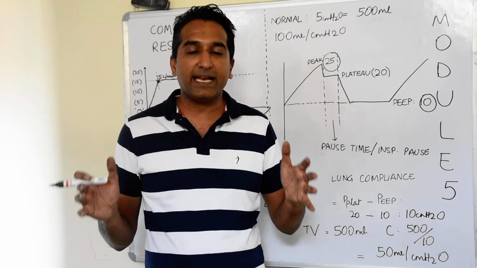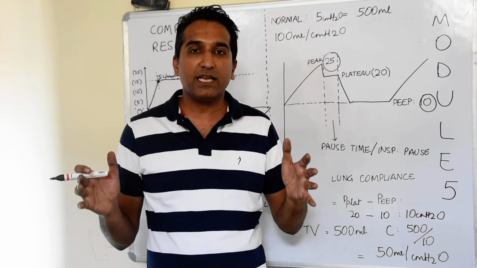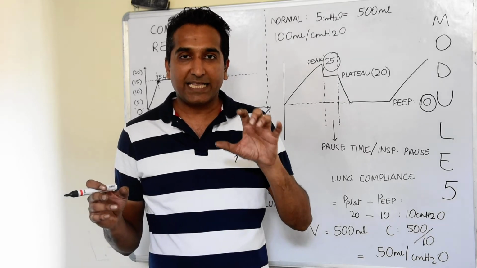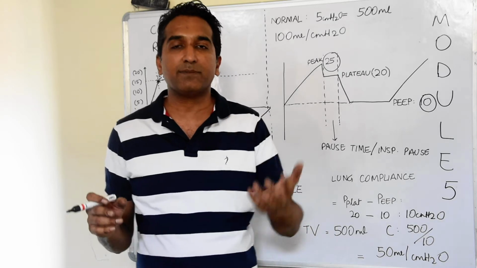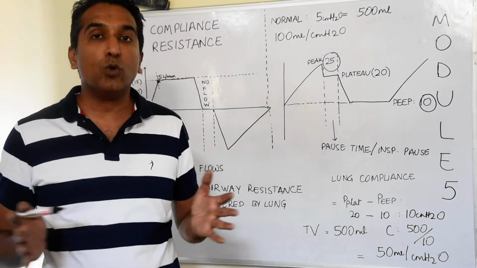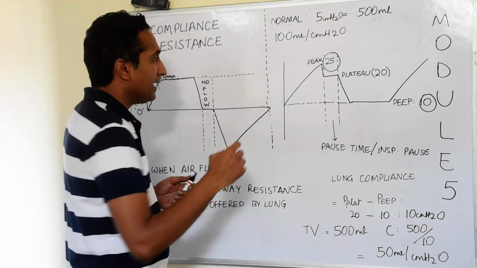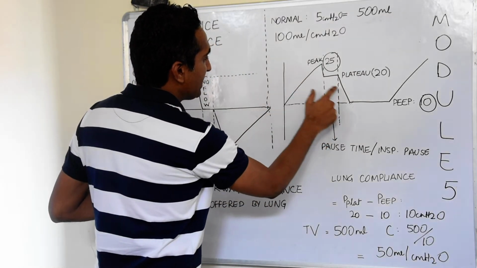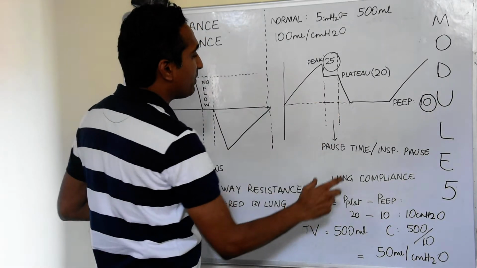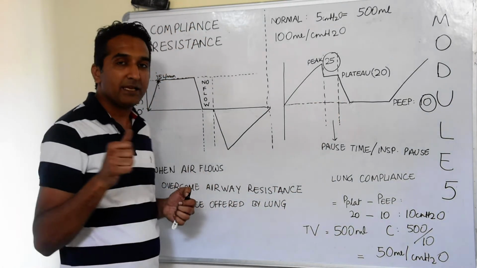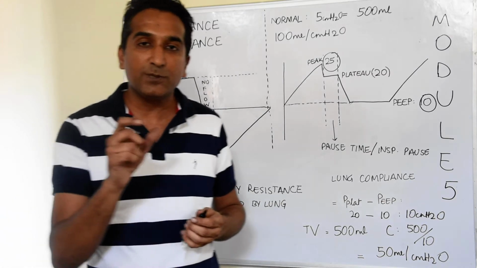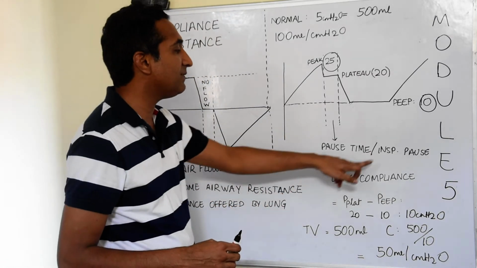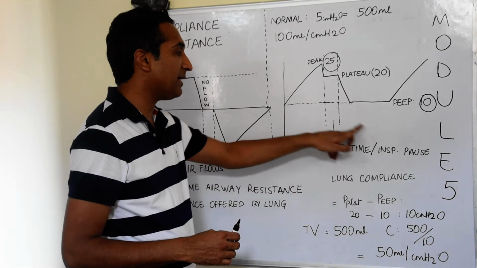The inspiration has ended, the expiration has still not started, and the pressure at that point of time only reflects the pressure needed to open the lungs. Now, this pause between inspiration and expiration can be produced by pressing a button which is known as the inspiratory pause, or by setting in certain ventilators something which is called the pause time.